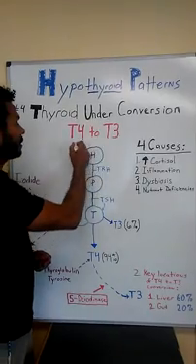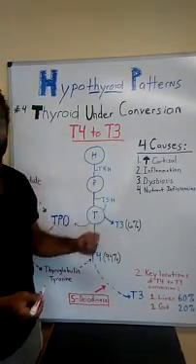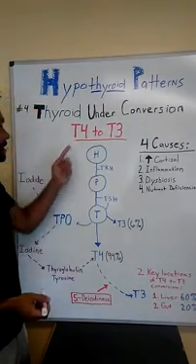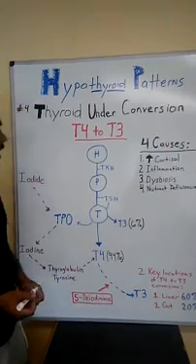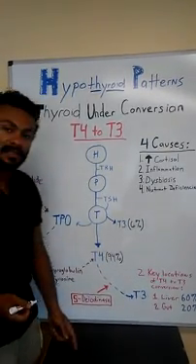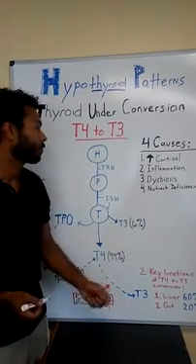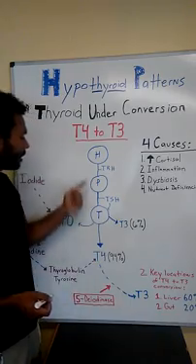Remember that T3 is the active form of thyroid hormone, where T4 needs to be changed into T3 to be usable in the body. We already covered this HPT axis last time, and I'm just going to go through it briefly before we get into the causes of why this conversion doesn't happen.